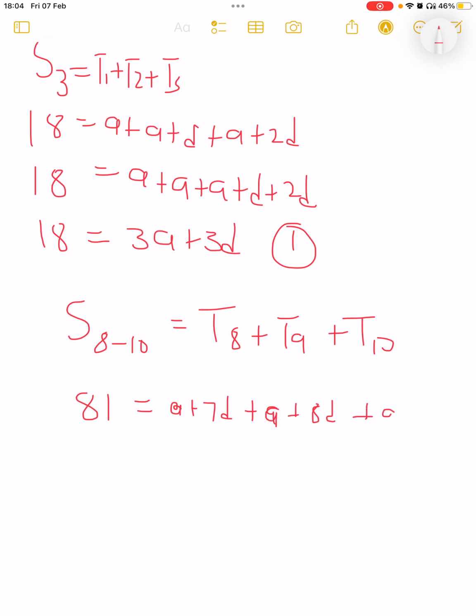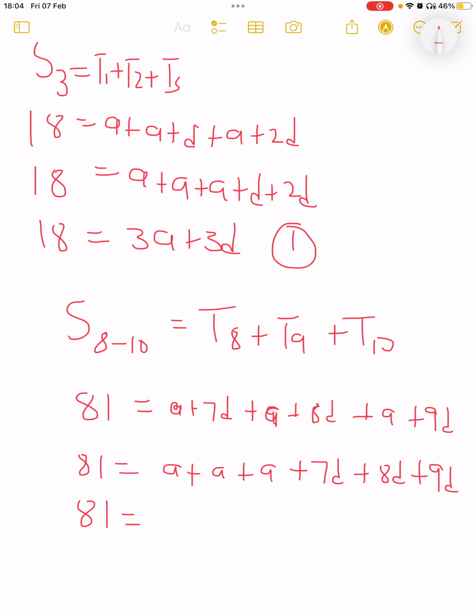Then T10 is A plus 9D. So 81 is equal to A plus A plus A plus 7D plus 8D plus 9D. And 81 is equal to 3A plus, that's 15 plus 9, 24D. Right, and that'll give us equation 2.